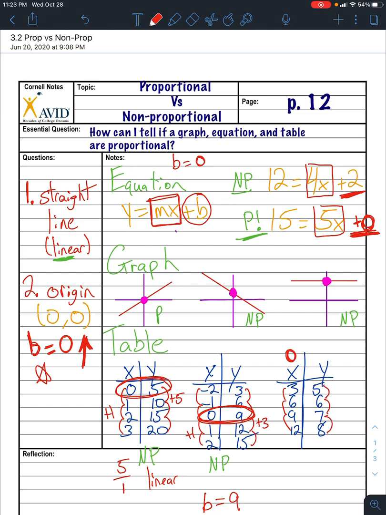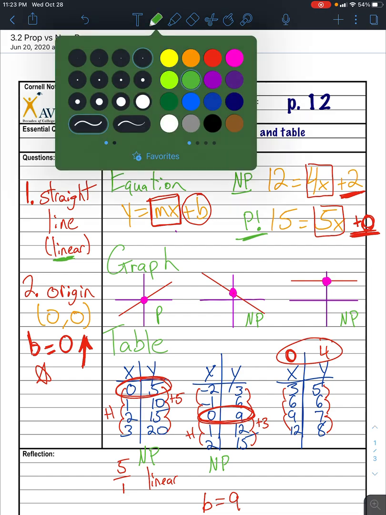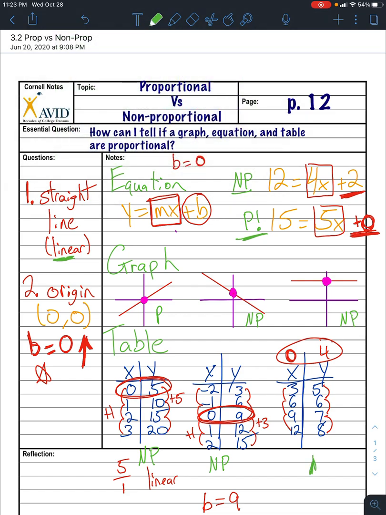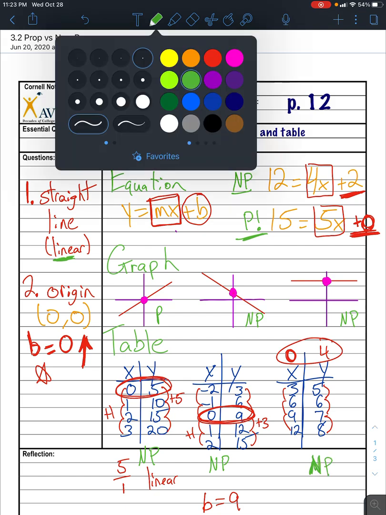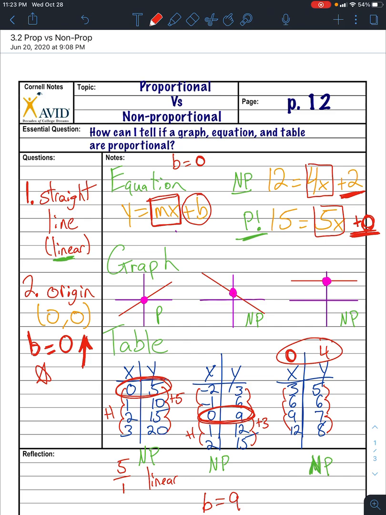If we continue the table up, we get 4. 0, 4 is not proportional because it is not going through the origin of 0, 0. However, this is another case where it is going to be linear, right? Because plus 3, plus 3, plus 3, plus 1, plus 1, plus 1. But it has to be both linear and go through the origin in order for it to be proportional.